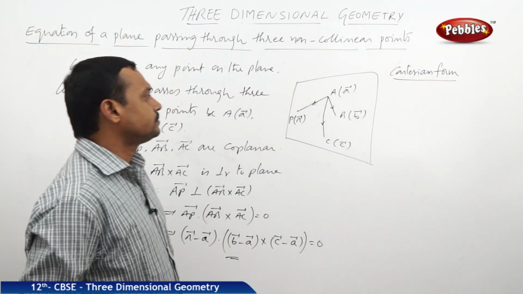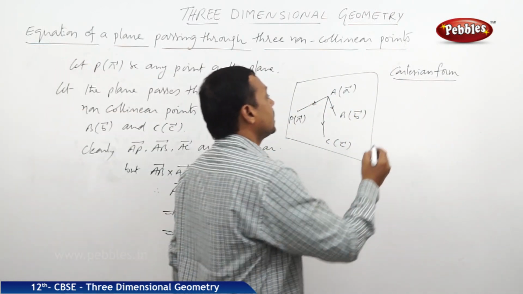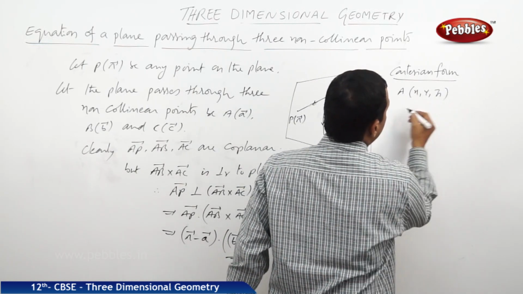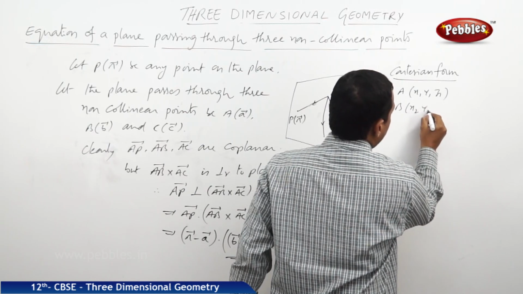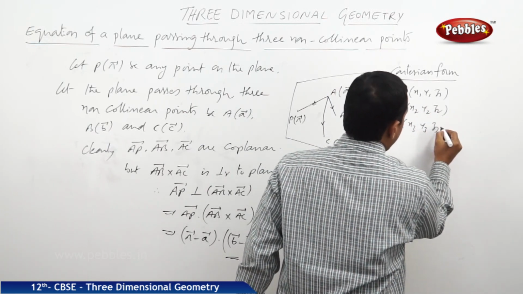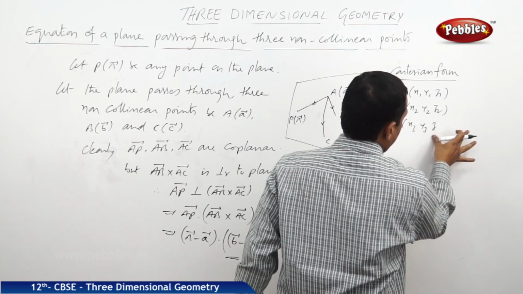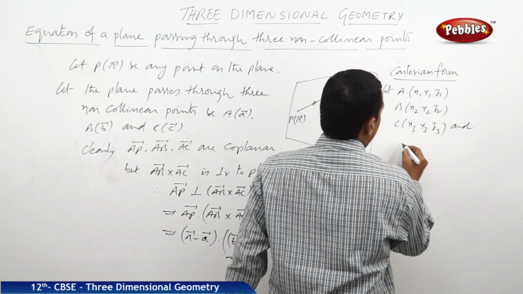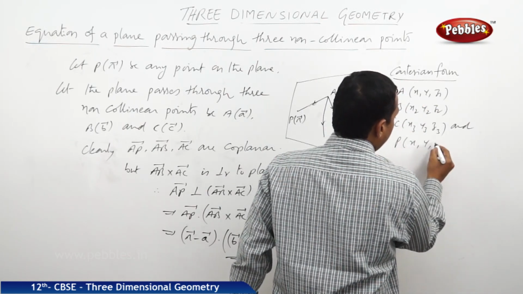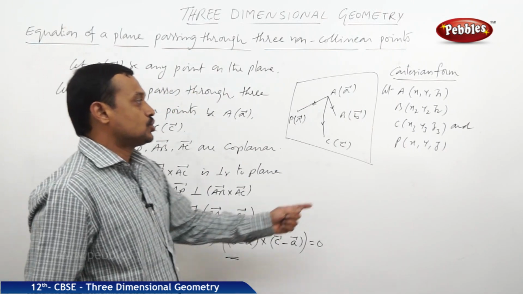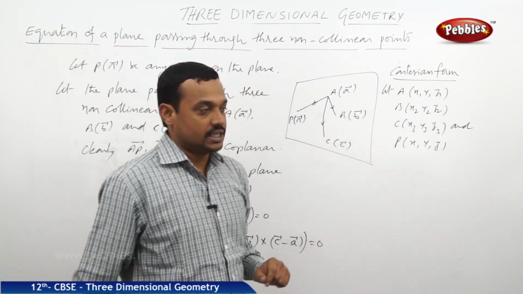Let us take the three points A (x1, y1, z1), B (x2, y2, z2), C (x3, y3, z3), and P, some variable point (x, y, z). Now let us choose the four points like this.